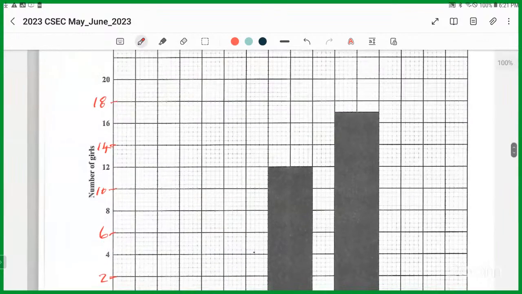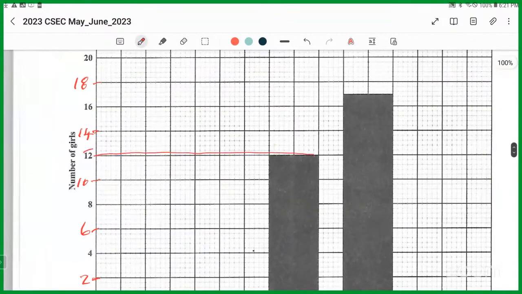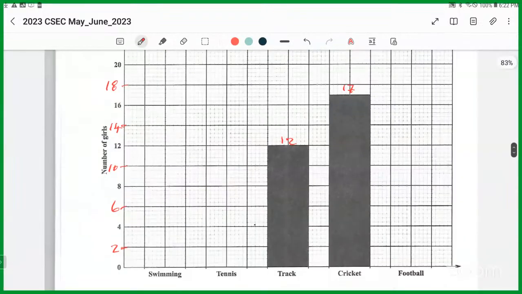So this one on top here is clearly 12. So put the 12 on there. Let's put them on top here so it's right in front of us. This one is halfway between the 16 and the 18. So this is 17. So we have those numbers. Number of girls who like cricket is 17. Number of girls who like track is 12.